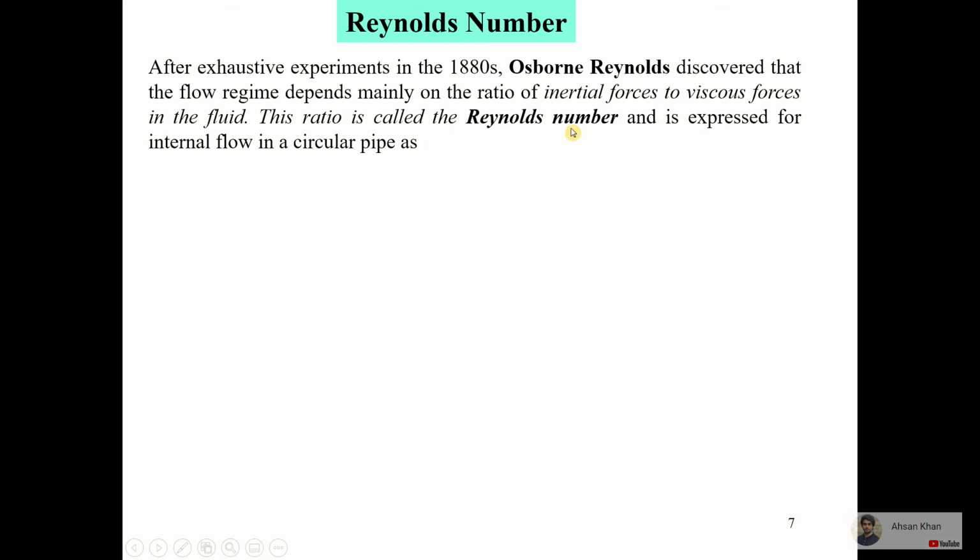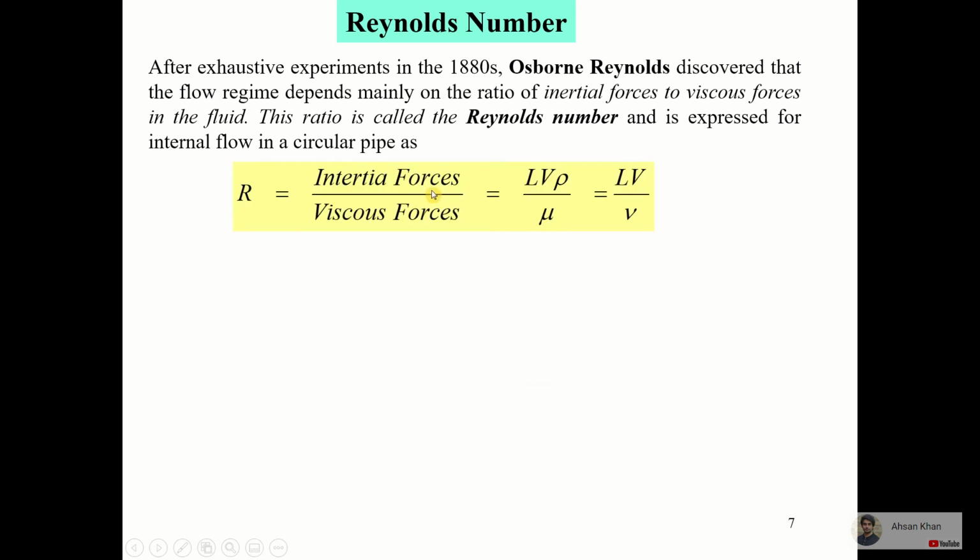The ratio is called Reynolds number and is expressed for internal flow in circular pipes as inertial forces by viscous forces. Now inertial forces are represented as L V rho, and viscous forces are represented as mu, which is the dynamic viscosity. L is length, V is velocity, and rho is density.